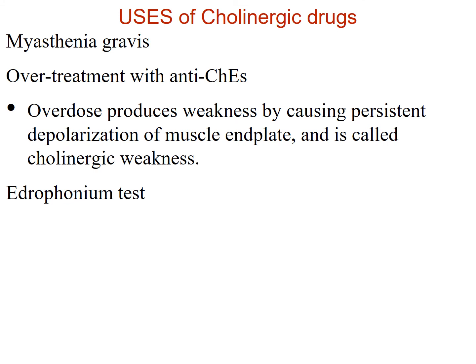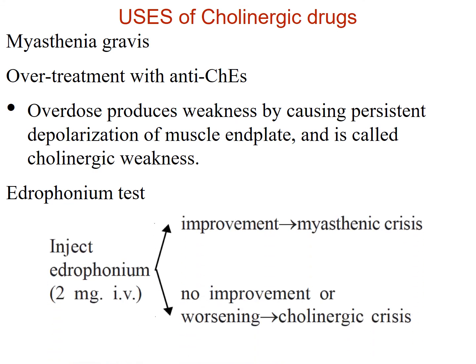When we give edrophonium 2 milligrams intravenously and there is an improvement in the symptoms, then we can say that the weakness was a myasthenic weakness. But when even after giving edrophonium there is no improvement or a worsening of the symptoms, that is increased weakness, then this weakness is because of cholinergic crisis. This is how we differentiate myasthenic weakness from cholinergic weakness.